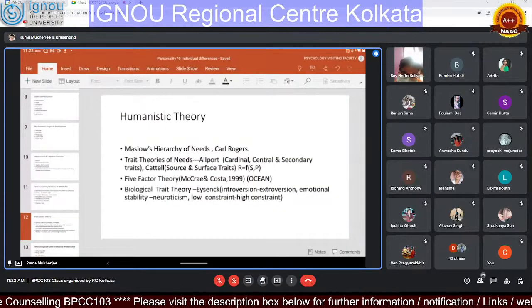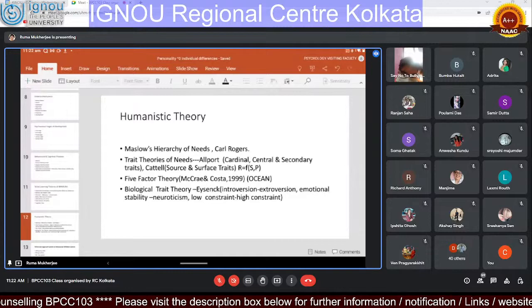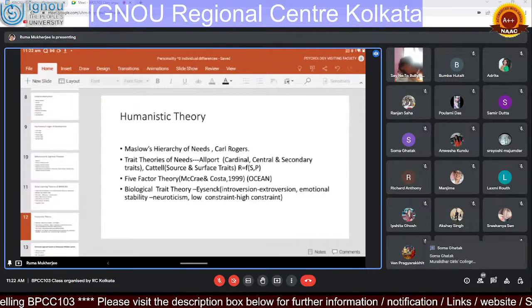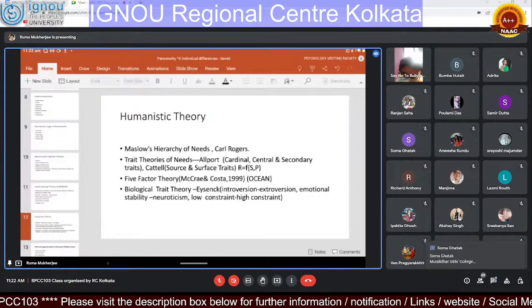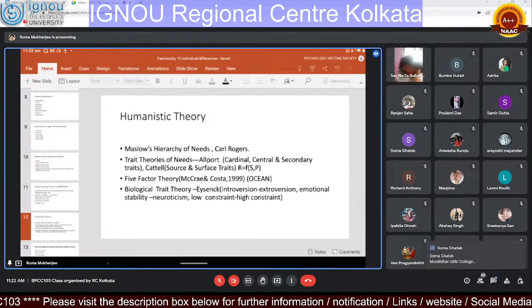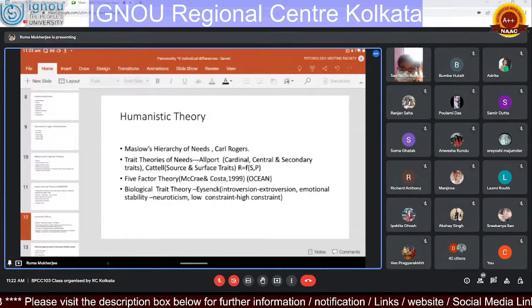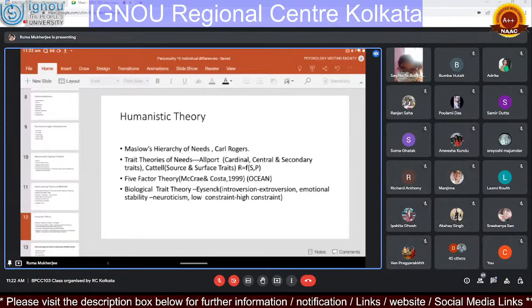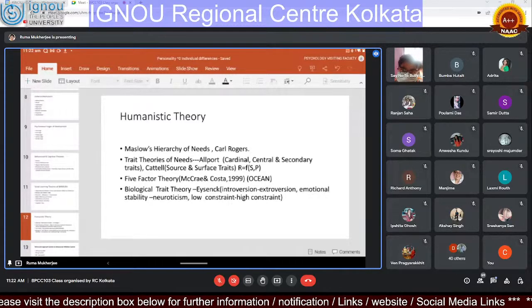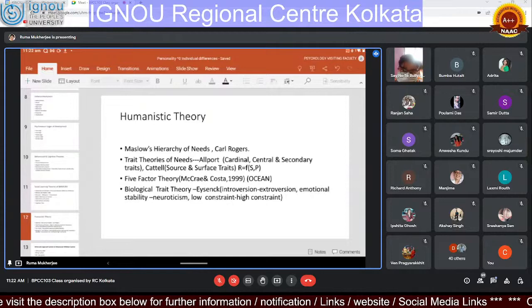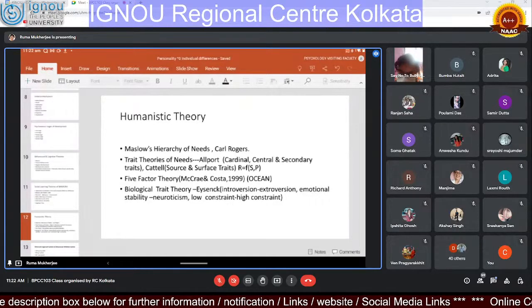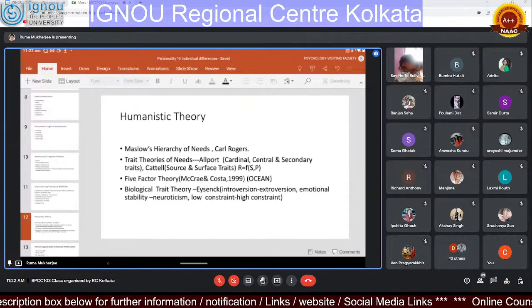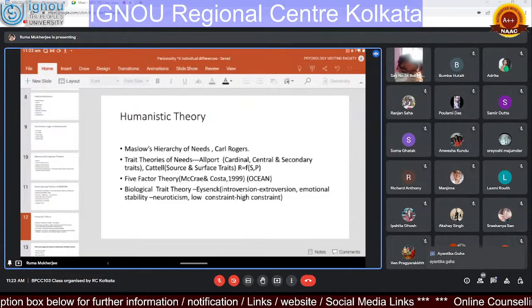So emotional stability refers to the consistency of our mood swings, the control of the moods and the emotional control. And on the other hand, the neuroticism dimension, which is also there in the Big Five or five-factor theory, you have seen the neuroticism.